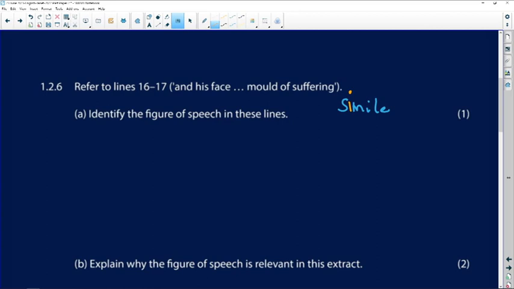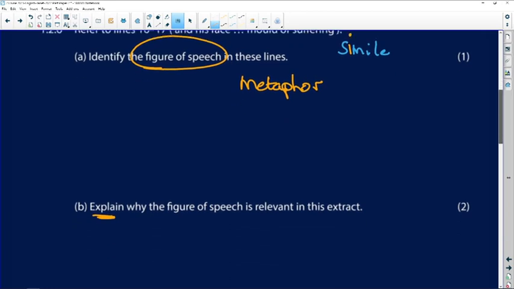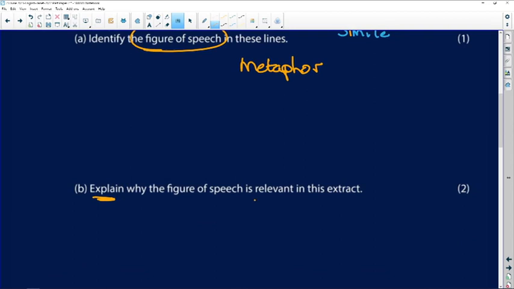So identify the figure of speech. You're going to say this is a metaphor or a simile or personification or whatever it is. So please revise your figures of speech. Then explain why. Now, for some reason, the examiners have chosen the word relevant, but they actually mean effective.